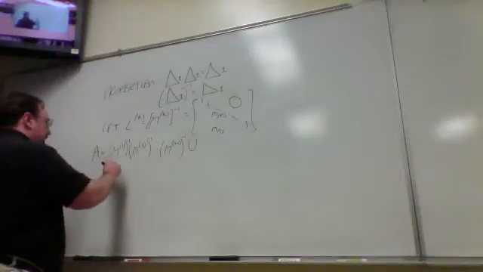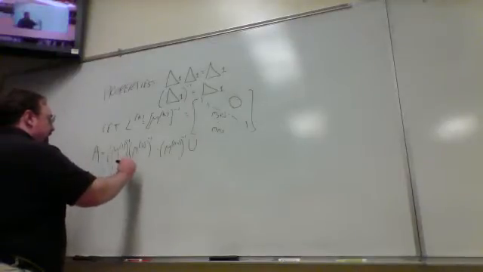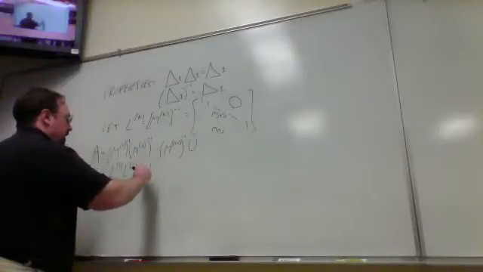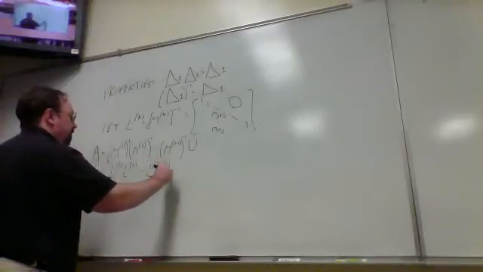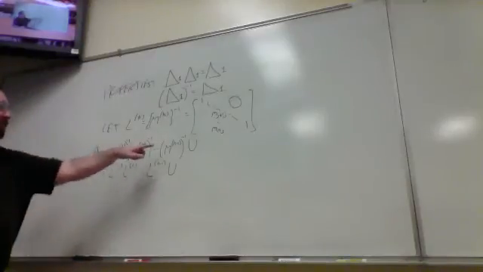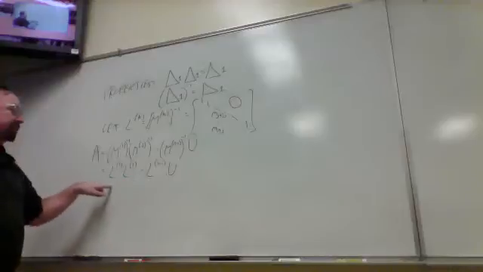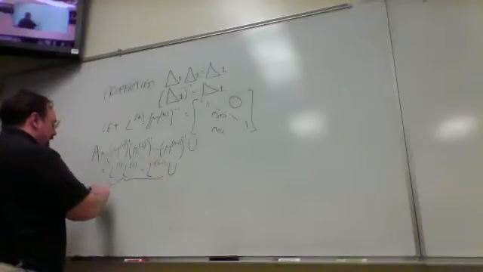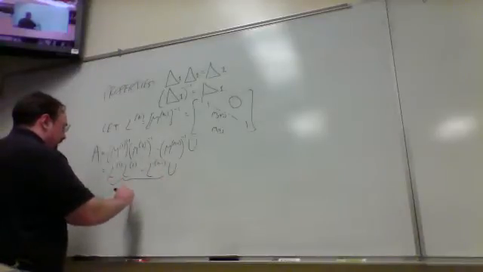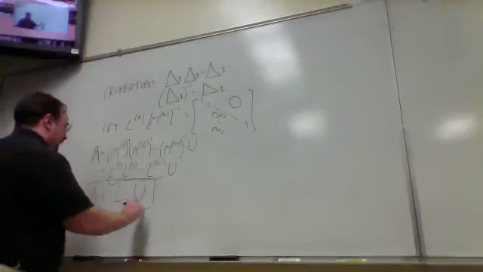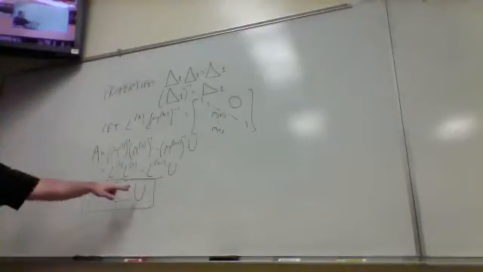So I have L1, L2, down to L(n-1) times U. So all of these inverses are unit lower triangular. If I multiply them, that's also unit lower triangular. So I'm going to define this product of these unit lower triangular matrices as L. So now what I have is A is equal to L times U.